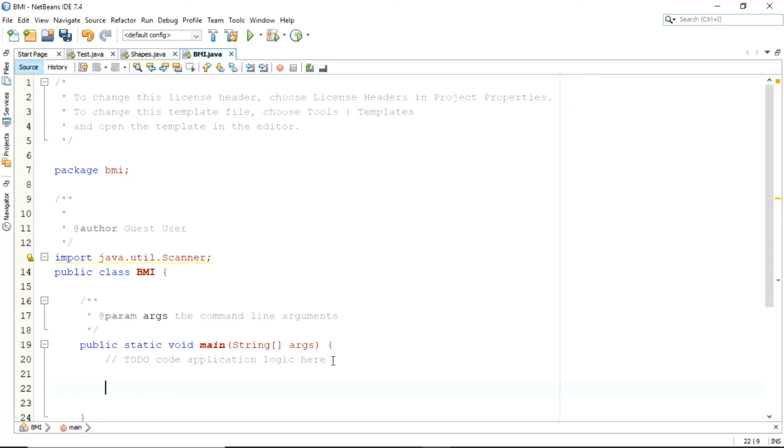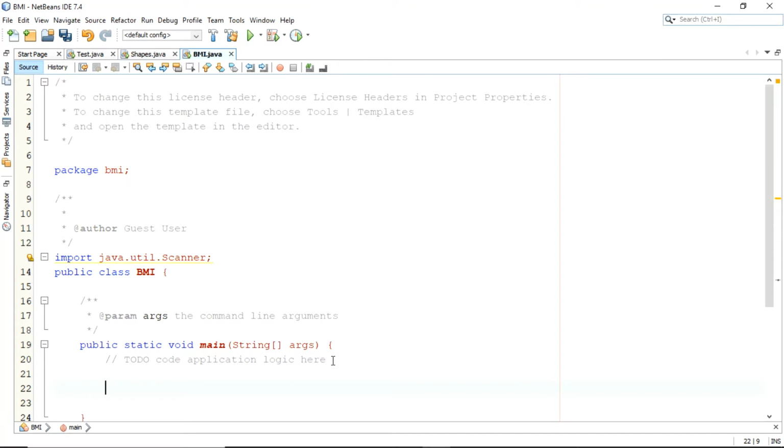First, we determine the BMI of a person by getting their weight in kilograms and dividing it by the height squared in meters. So I would want us to enter our weight in pounds and then convert it to kilograms, and then we also enter our height in inches and convert it to meters.